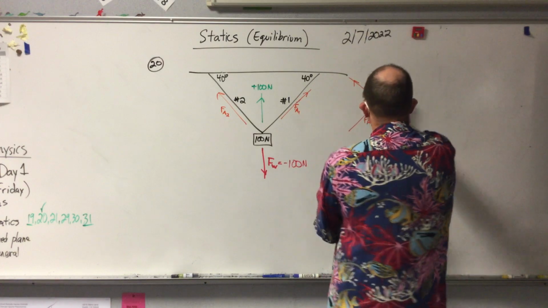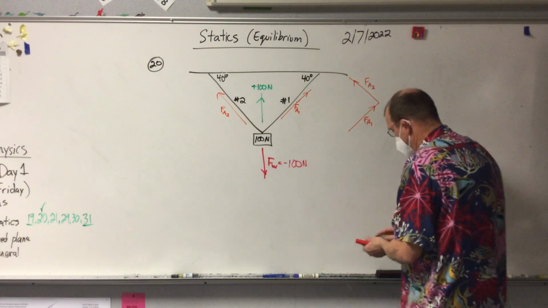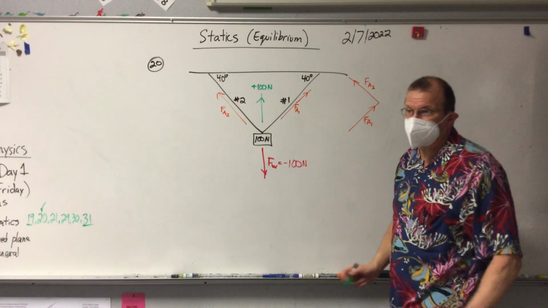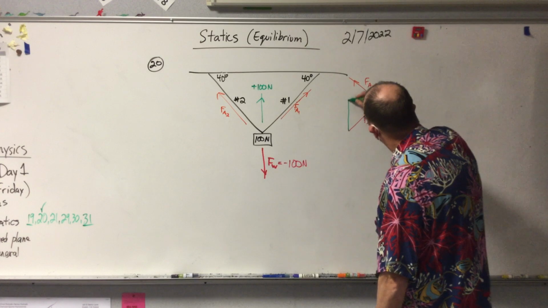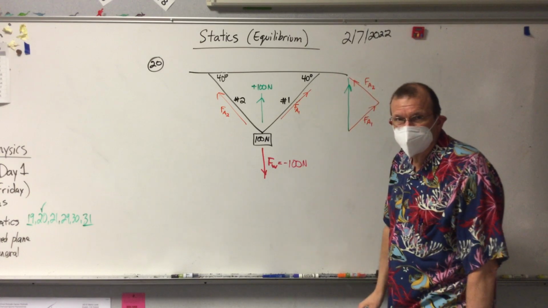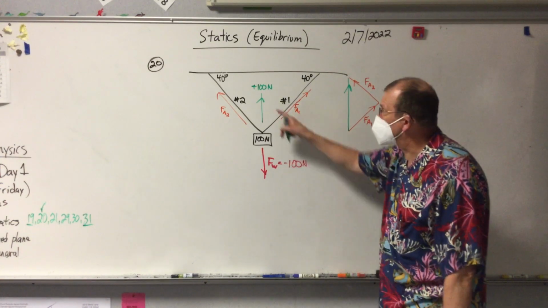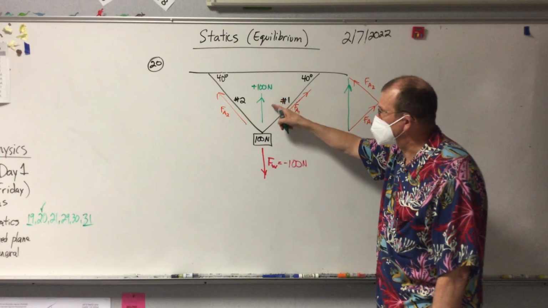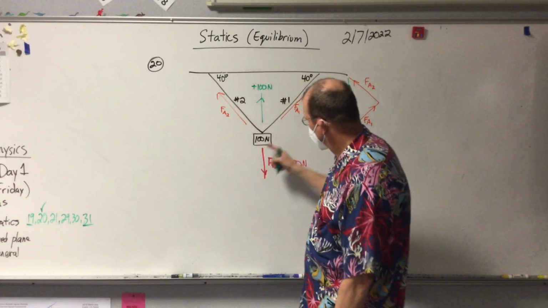Between these two, if this is my FA2, and I then say, hey, I'm going to add these two together, I draw my resultant. There is my resultant. So that's where this thing comes from. I don't have to have a physical thing there, but I do have 100 newtons acting perfectly upward to balance this.